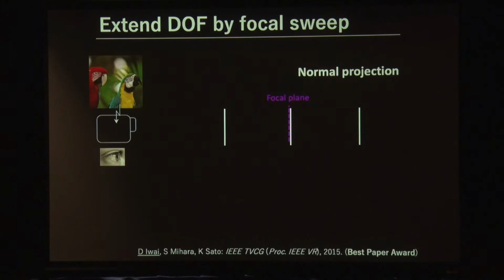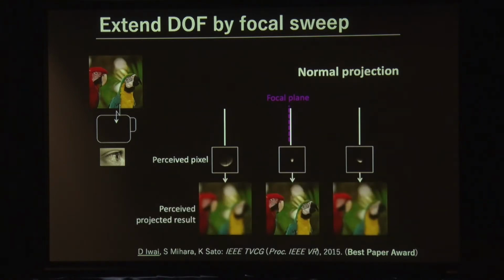In a normal projector, a projected pixel appears focused when the projection surface is at the focusing distance, and it appears blurred when the surface is at other distances. As a result, only the middle image appears focused and the others appear blurred.